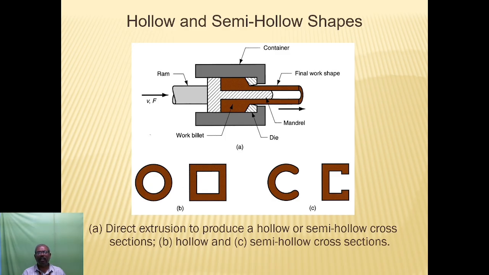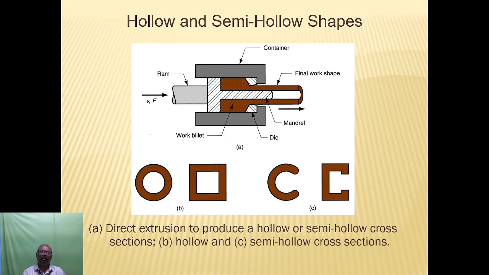It is the same as the forward extrusion process. Here there is a die opening and also there is a mandrel on the ram, which is used to form the hollow shape inside the pipes or product.